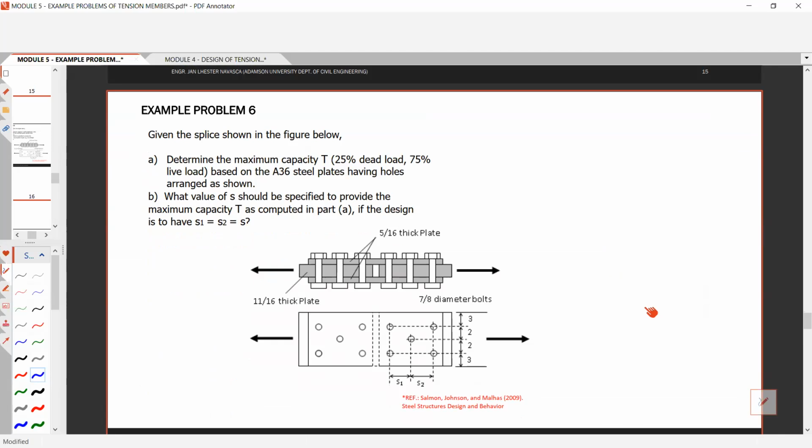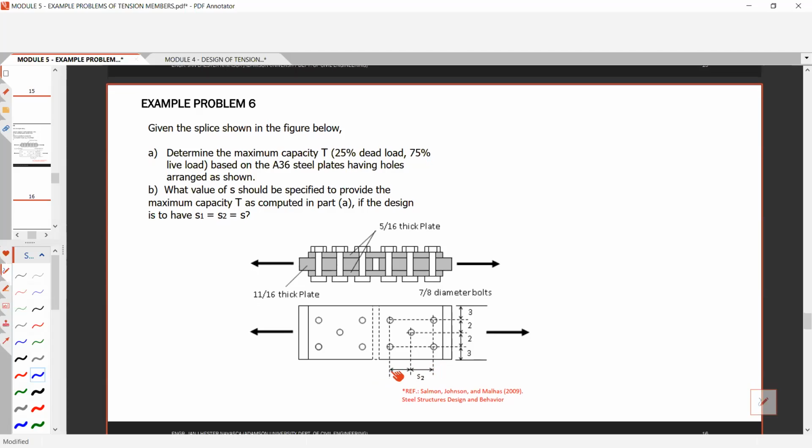What value of S should be specified to provide a maximum capacity of T as computed in part A, if the design is to have the values of S1 and S2 equal to S? The problem is now asking for the desired design pitch distances based on the capacity of problem A.